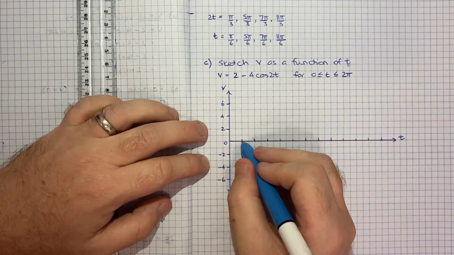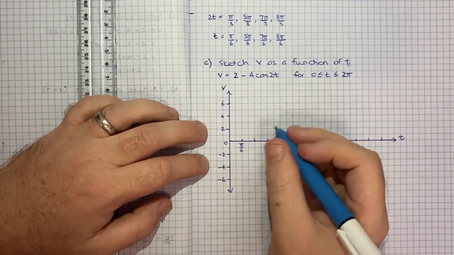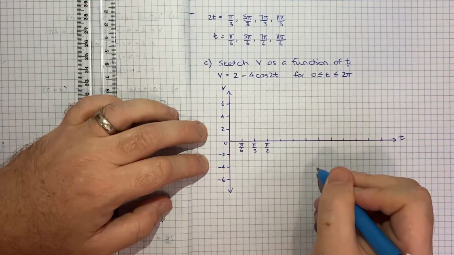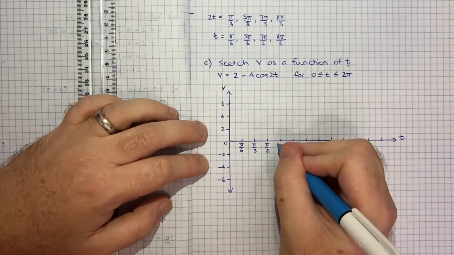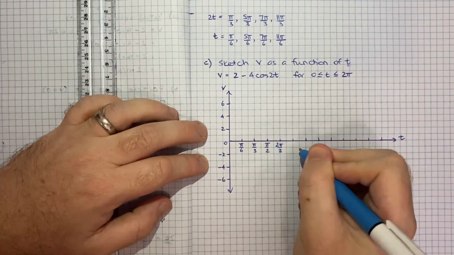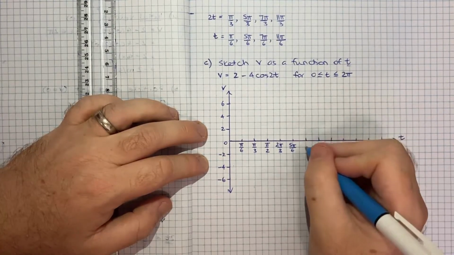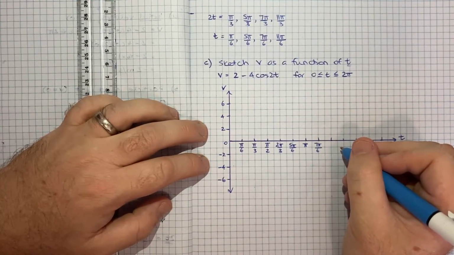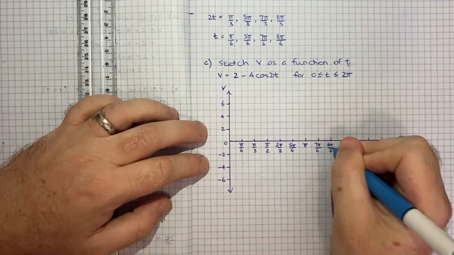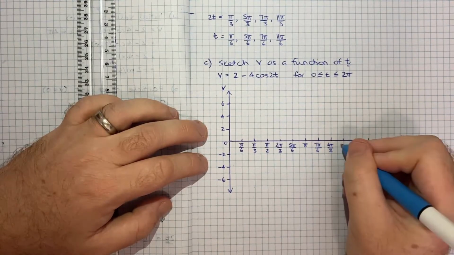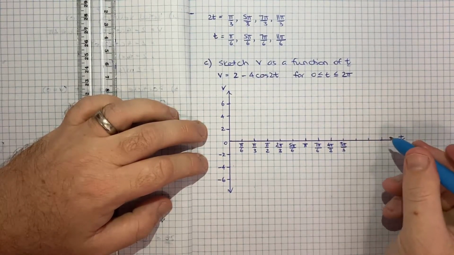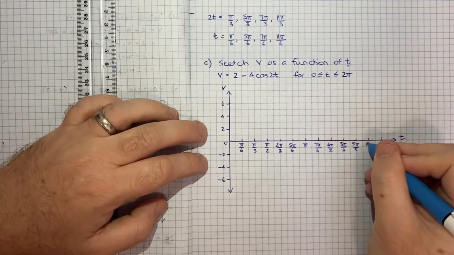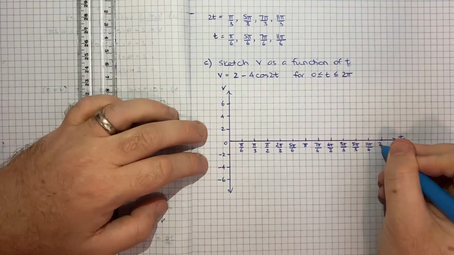So we'll have 1 pi on 6, 2 pi on 6, which would be pi on 3, 3 pi on 6, which would be pi on 2, 4 pi on 6, which would be 2 pi on 3, 5 pi on 6, and then 6 pi on 6 is pi, 7 pi on 6, 8 pi on 6, which would be 4 pi on 3, 9 pi on 6, which would be 3 pi on 2, 10 pi on 6, which would be 5 pi on 3, 11 pi on 6, and then 12 pi on 6, or 2 pi.